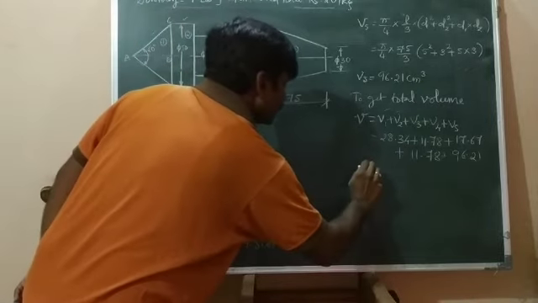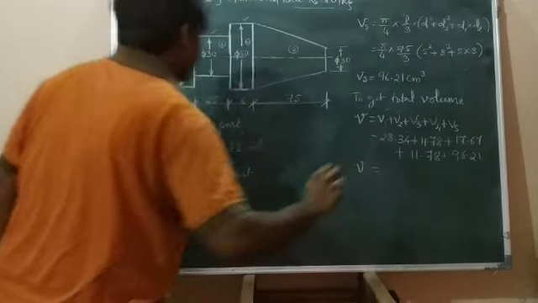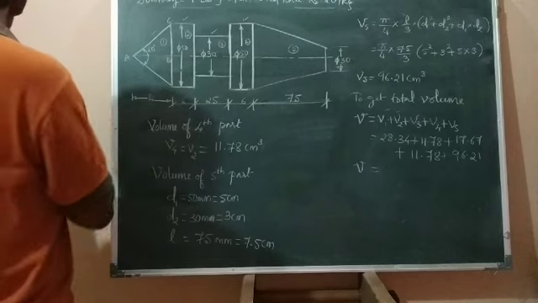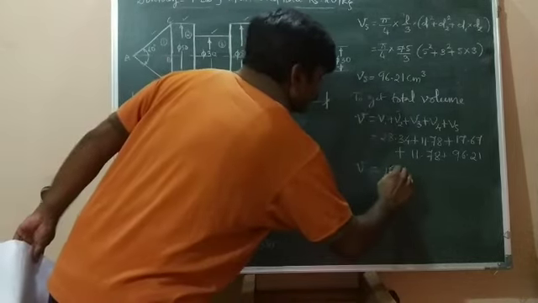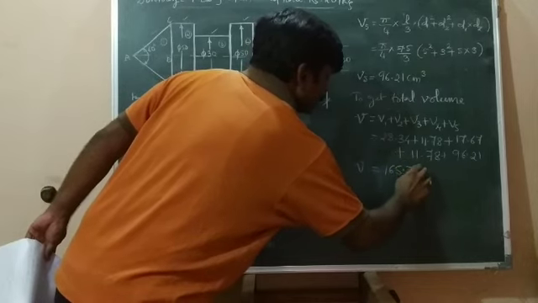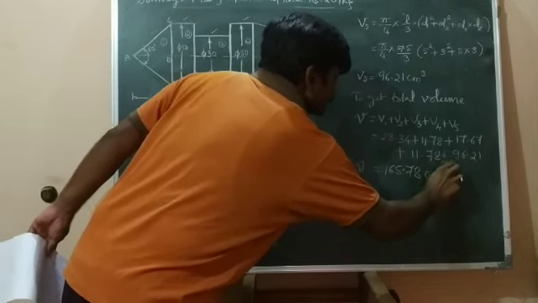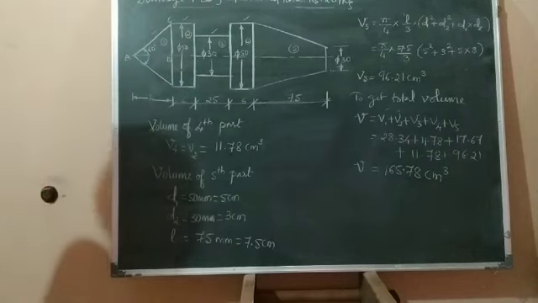So adding all this, you'll get V is equal to 165.78. Unit is centimeter cube. So just we obtained the total volume.